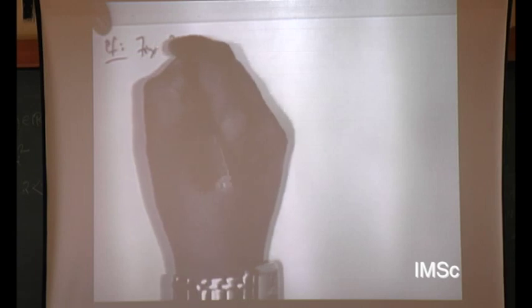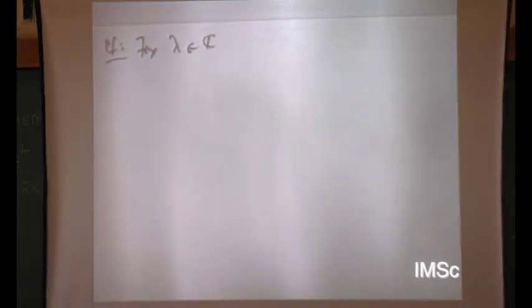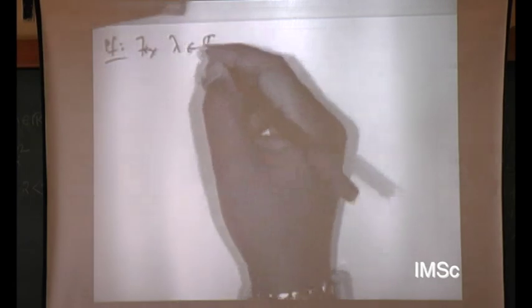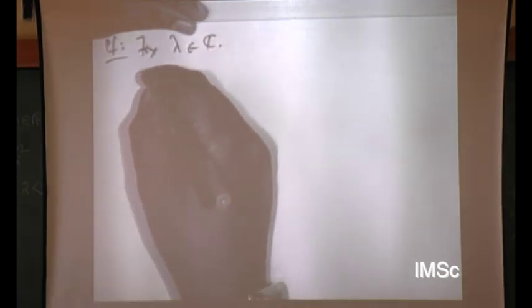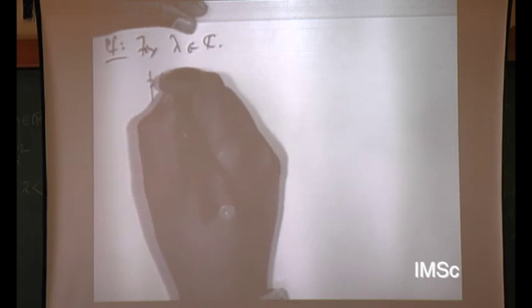Okay, so let's start the proof. Let's fix lambda. I want to see when lambda belongs to the spectrum of P of x. To do that, I consider P of z minus lambda.